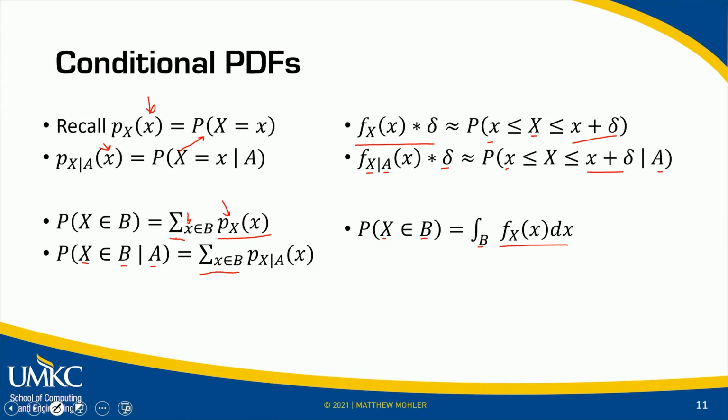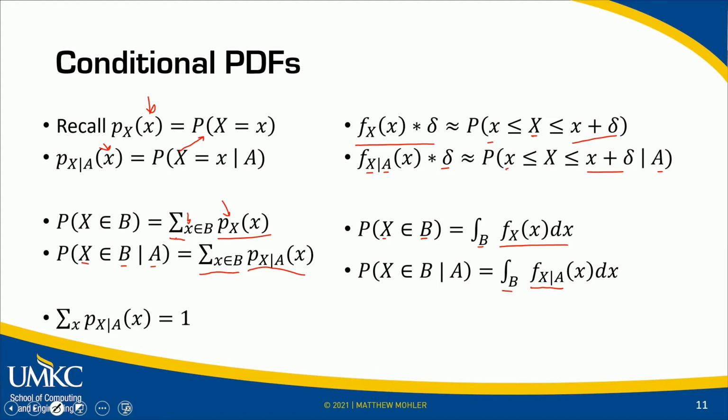But then it's the probability of x when it's conditioned on A, specifically the probability mass function of the random variable x when it's conditioned on A. And likewise, we can say for a probability density function that that probability is the integral over all of B of the probability density function when it's conditioned on A. So we're using all of these terms and we're saying, hey, when they're conditioned on A, and we're going to come back to that here in just a brief second.